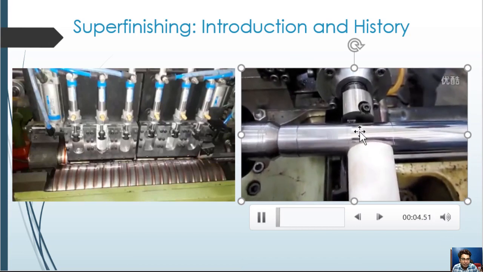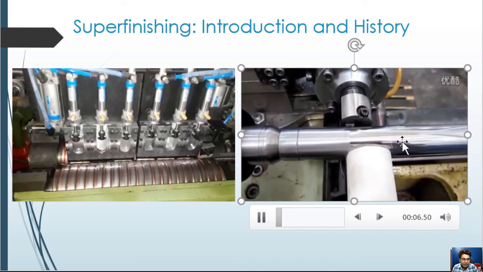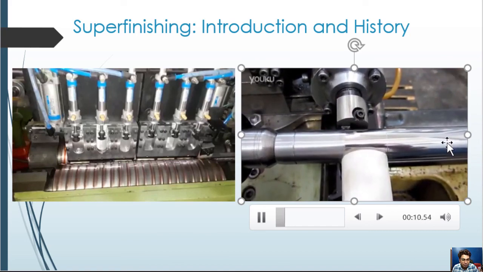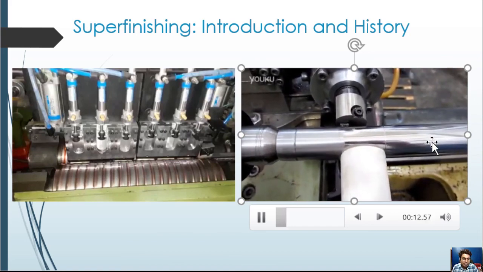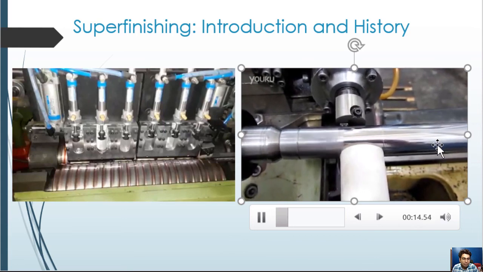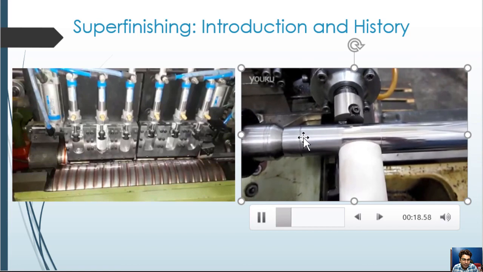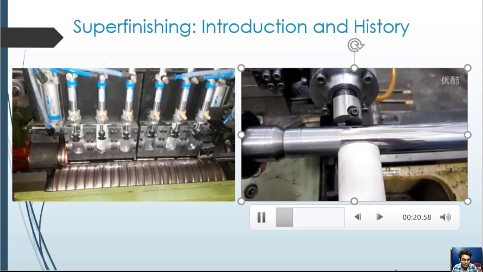As you can easily identify, the finish of this part where the superfinishing process has been performed is much improved compared to the surface as it was before.